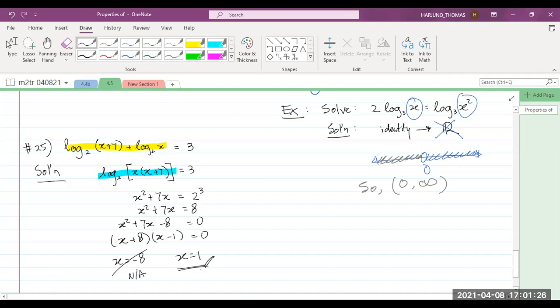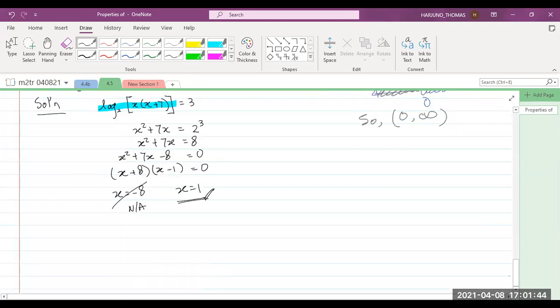That's not always the case. It is possible you have two solutions and both of them okay. It is also possible you have two solutions and none of them okay.